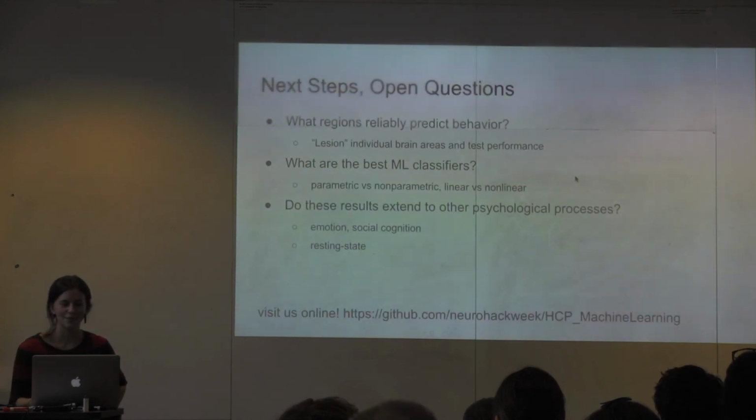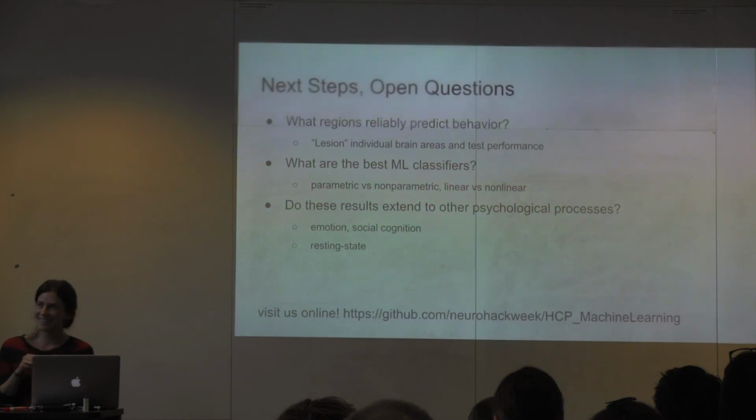All right, so next steps. We are only presenting a fraction of the things that we did do. We thought this was the easiest thing to talk about. One of the goals of this project was to assess different machine learning classifiers.